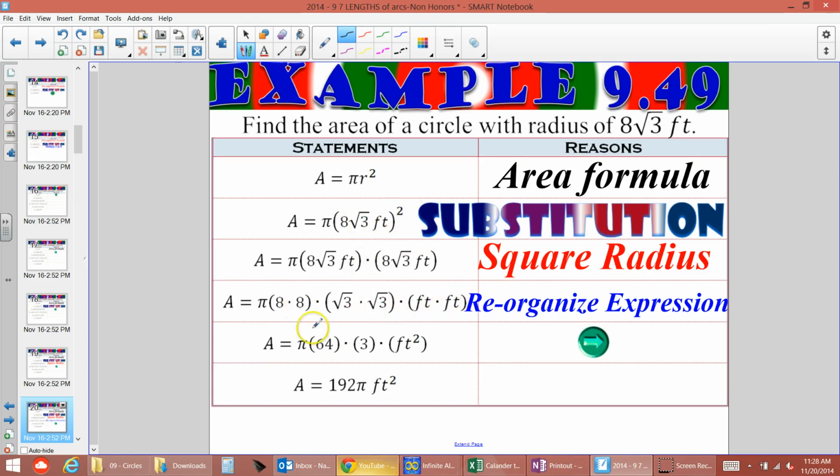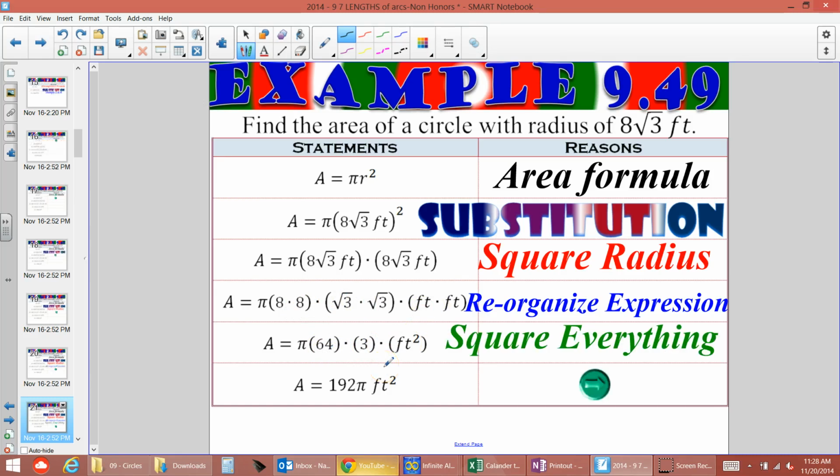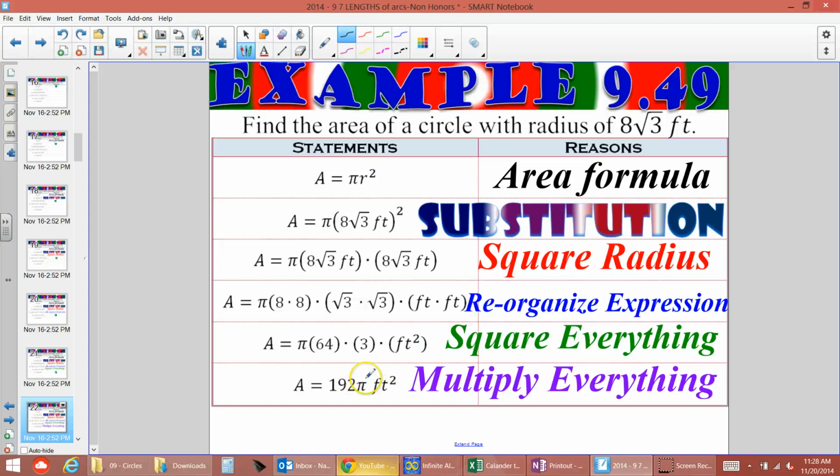So now we just square each one: 64, 3, feet squared. We end up with pi times 64 times 3, which is 192 pi feet squared. Again, don't try to multiply this by 3.14. Just leave my pi alone.